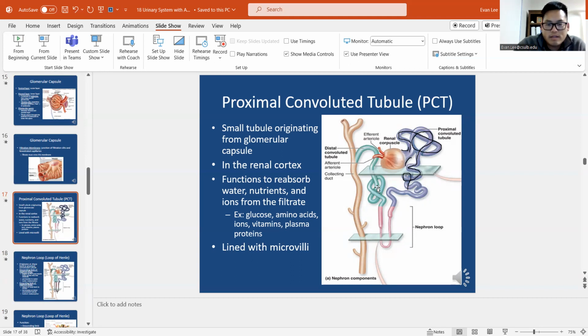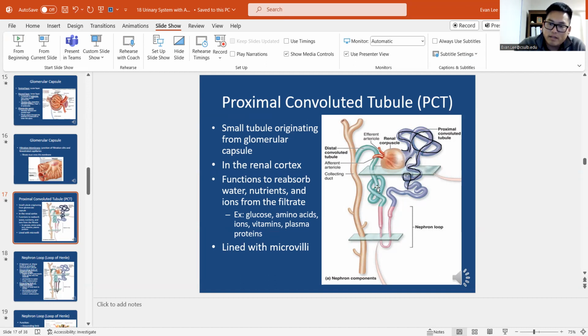Now, like we were saying, there's a lot of filtrate being formed here, and most of that is going to be recollected right here in the very next step, the proximal convoluted tubule. A lot of the stuff that I was talking about, you don't want that in your urine, like water, sugar, amino acids, even sodium and chloride and hydrogen ions to some extent.